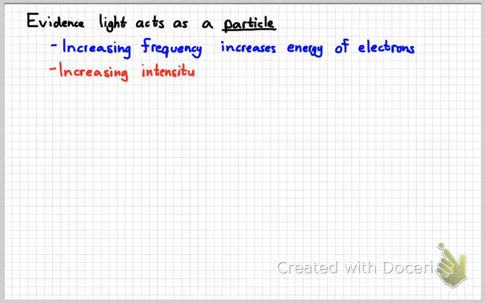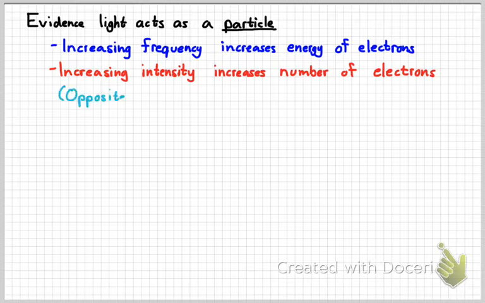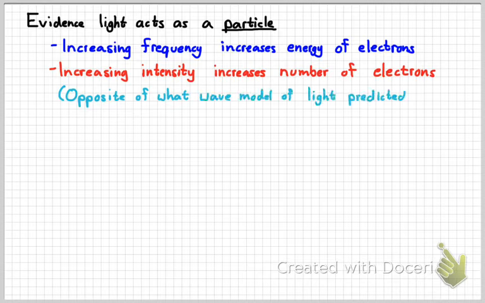Increasing the intensity or brightness of the light increases the number of electrons. So you don't get faster electrons, you simply get more of them. Now that's the exact opposite of what would happen if light was acting like a wave. And that's why it was very, very confusing back then.